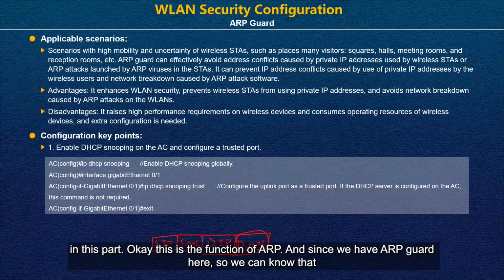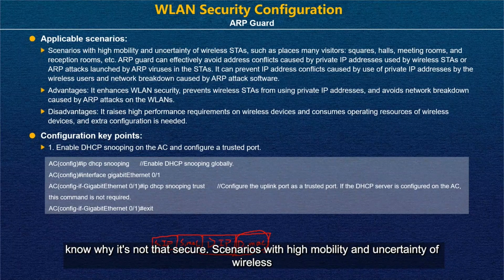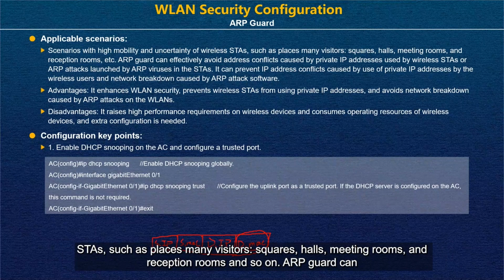And since we have ARP Guard here, we can know that the ARP protocol is not secure. Let's see the applicable scenarios, and you will know why it's not that secure. Scenarios with high mobility and uncertainty of various STAs, such as places with many visitors, or squares, halls, meeting rooms, reception rooms, and so on.